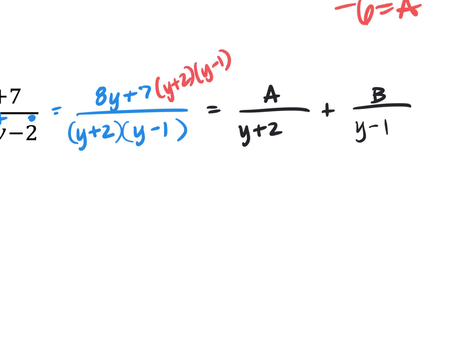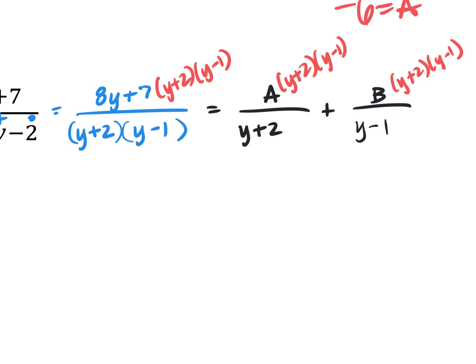So I'm going to multiply all of them by y plus 2 and y minus 1. Does that take care of my other denominators? Will they cancel out? Oh, thank goodness, because we do not want to do all that crazy distributing.